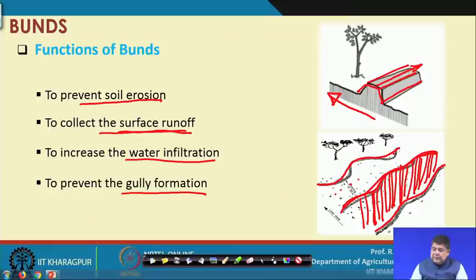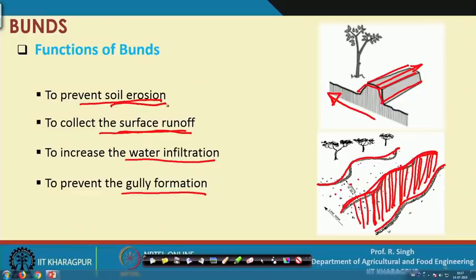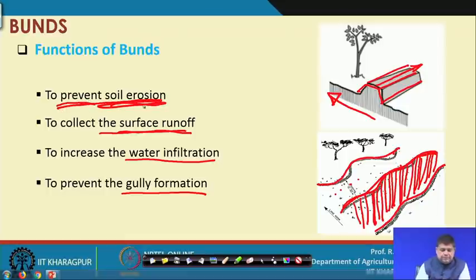And because we are checking the overland flow process itself, there is no chance of occurrence of sheet erosion. And once sheet erosion does not take place, obviously there will be no soil transportation, that means there will be no soil erosion, and that is how the bunds prevent soil erosion.